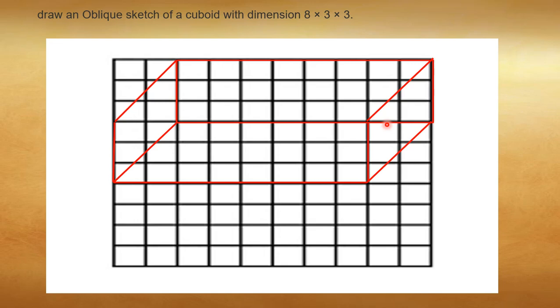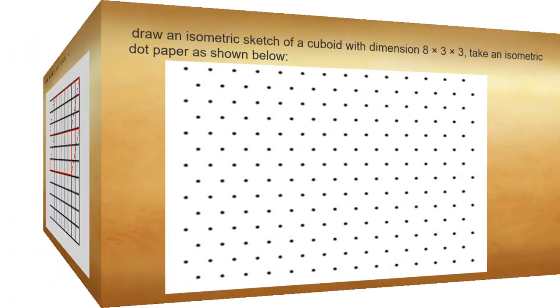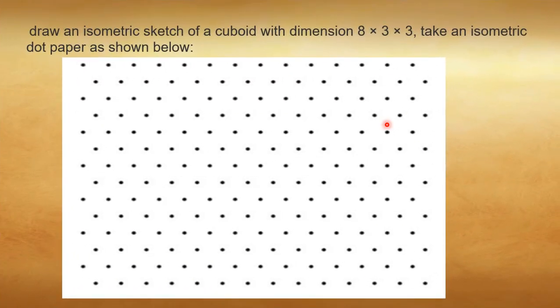Now let us understand the drawing of the same dimension of cuboid, 8 into 3 into 3. So take the isometric sheet, or we can say dot sheet, where we can draw the dots by using the scale in a straight line.